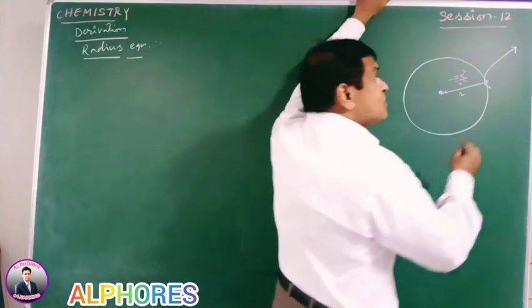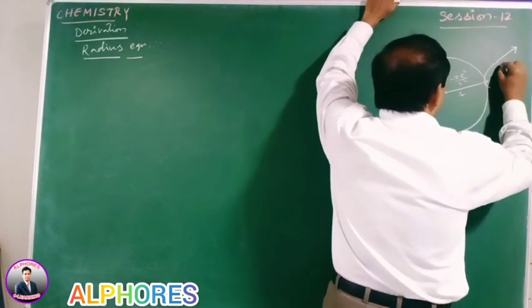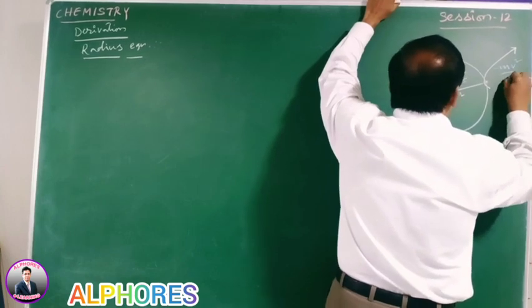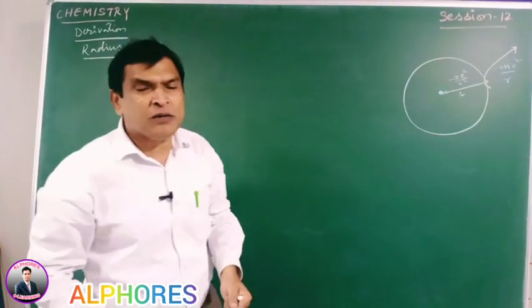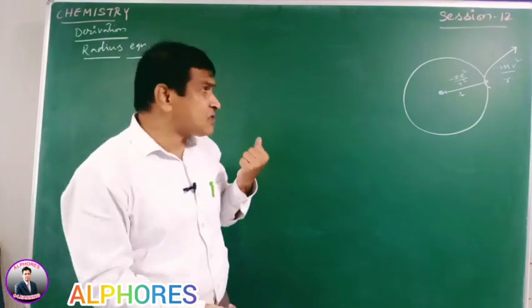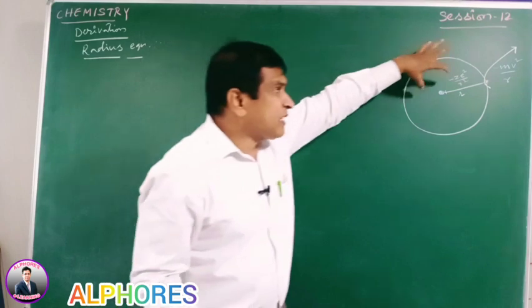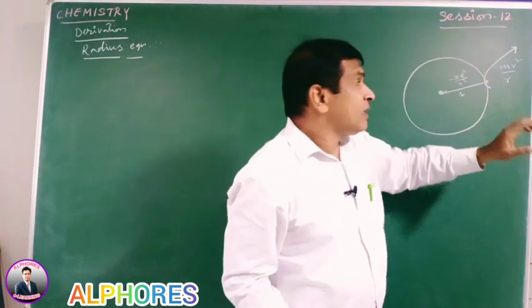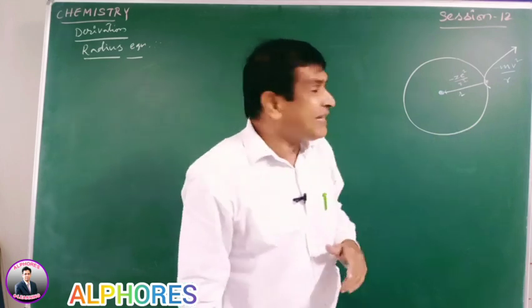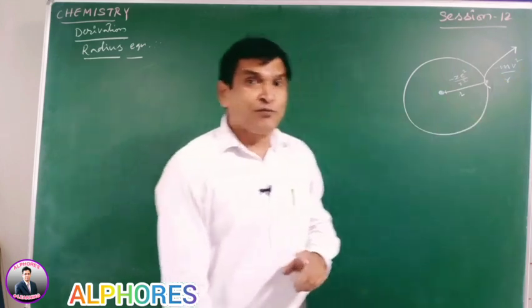The force acting on the electron is minus mv square by r.